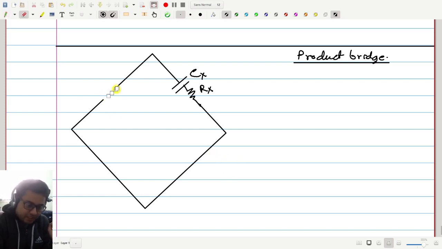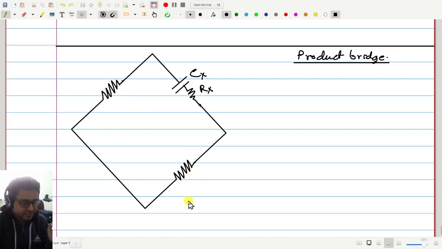So that means these two arms should be a pure real or imaginary number. Okay, now if I choose them to be like this, that is one way. Then what do I have to choose here?